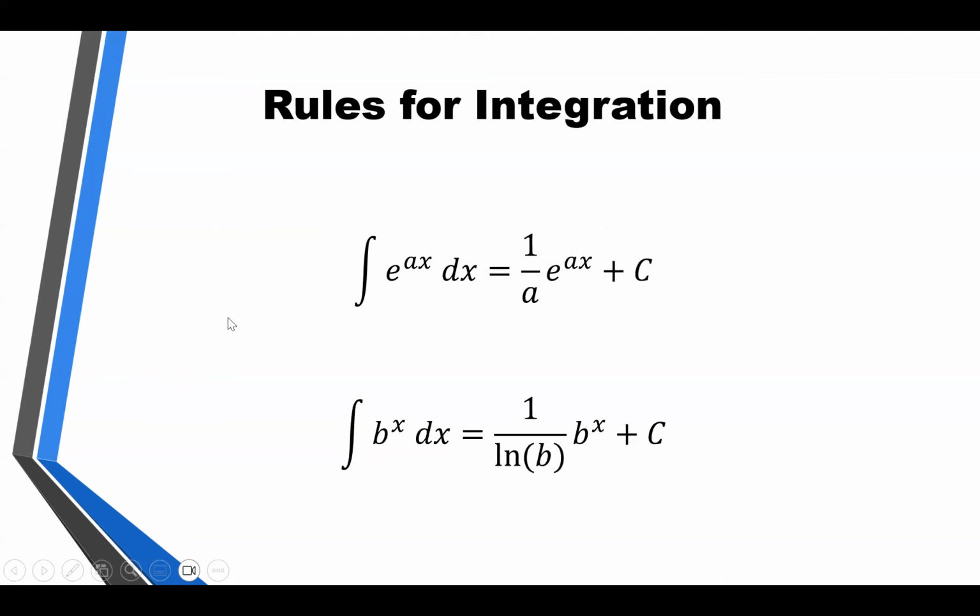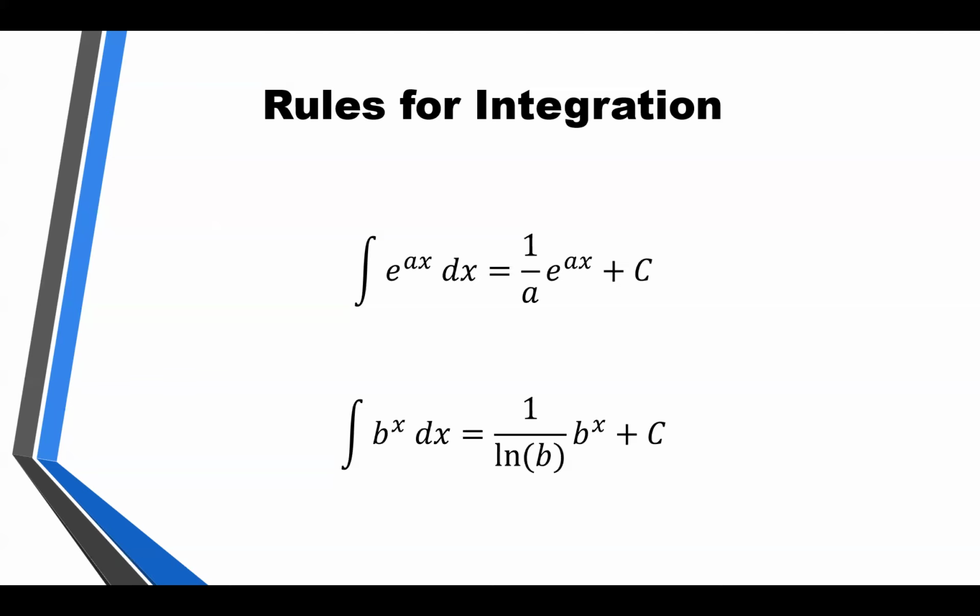Other rules that you've probably seen before, when I take e to a linear power, e to the a times x, where e is our base e, that's the numerical value associated with natural growth, which is about 2.71828.